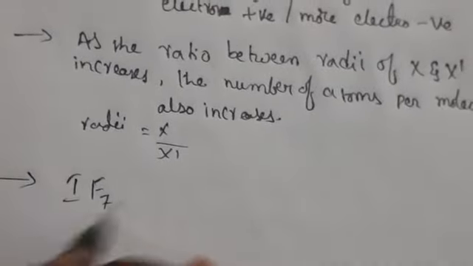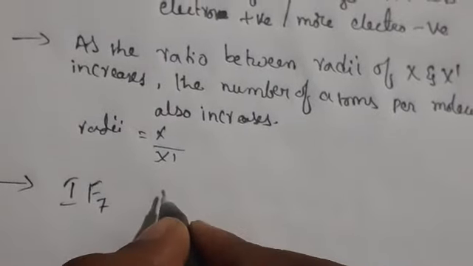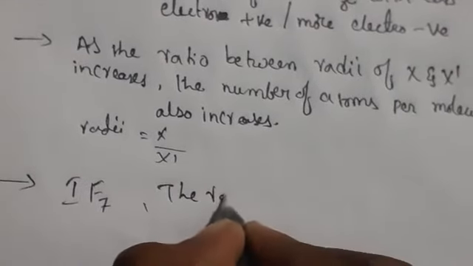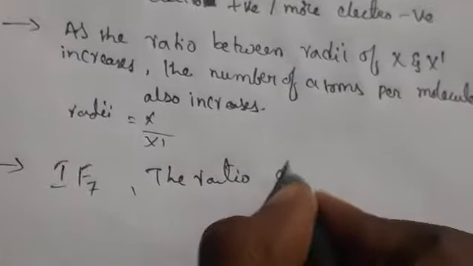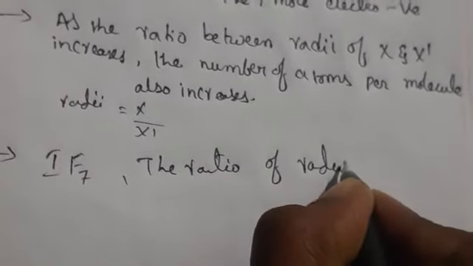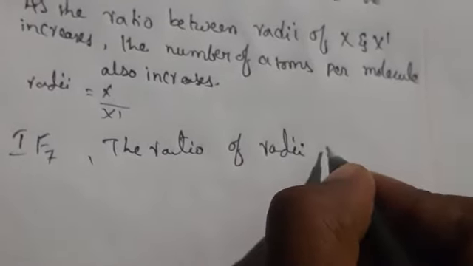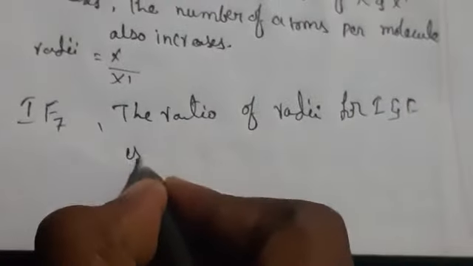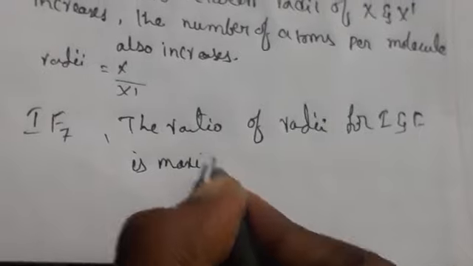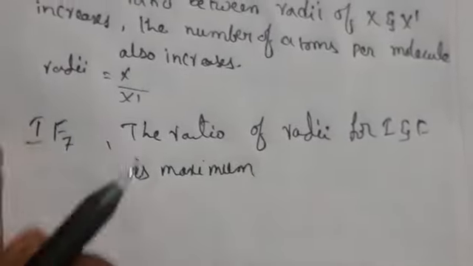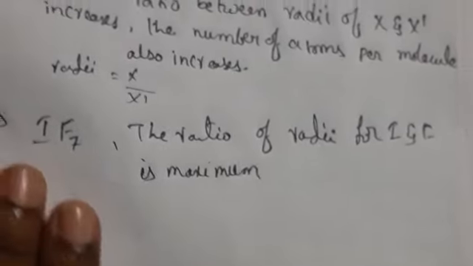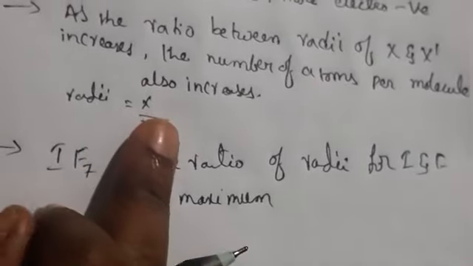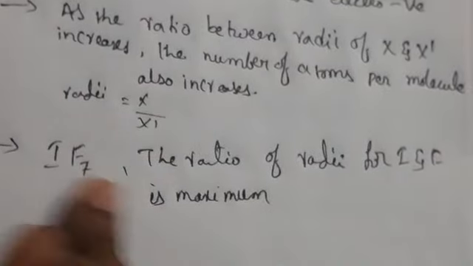The ratio increases more, so that's why the structure forms IF7 with the maximum number of atoms.